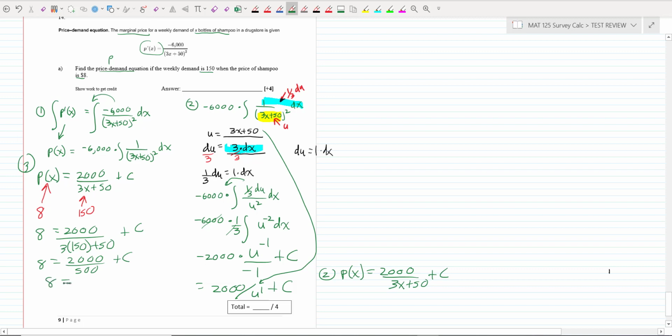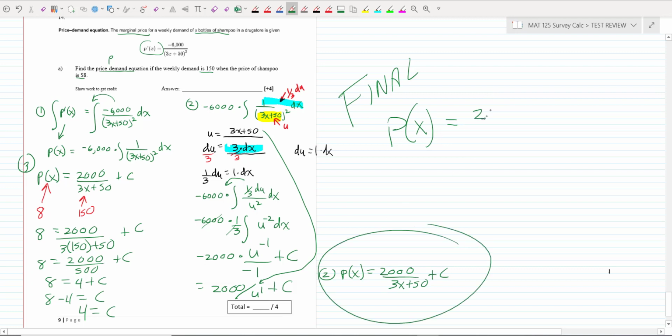So that's 8 equals 4 plus c. You can subtract 4 from both sides, and you get c is 4. All right, so the final answer, the official price demand function is p of x is equal to, the answer we got here, 2,000 over 3x plus 50 plus the c we just found. C was 4. That's it.